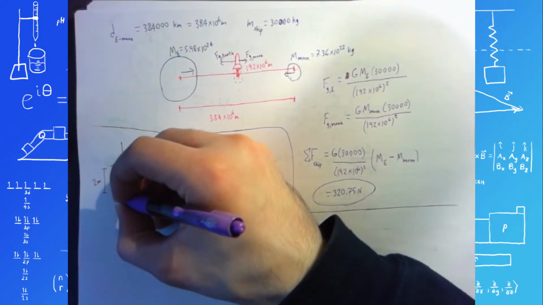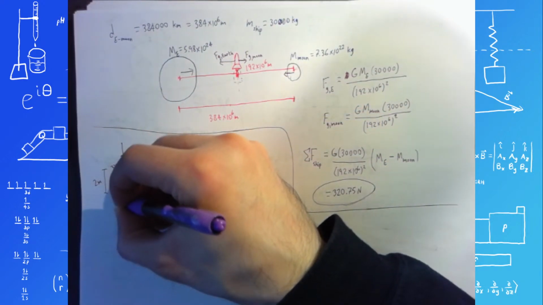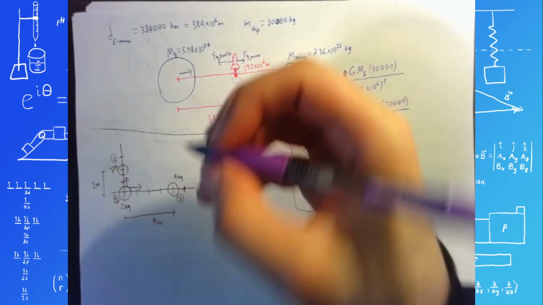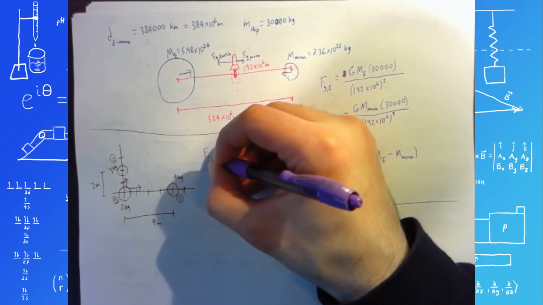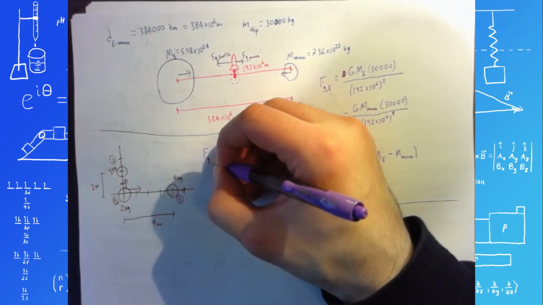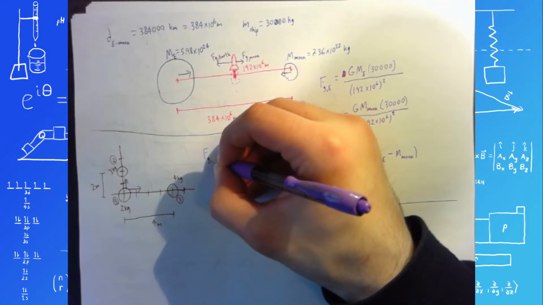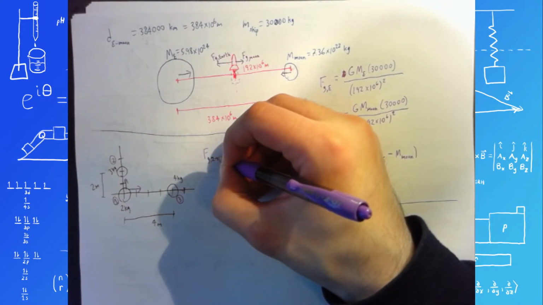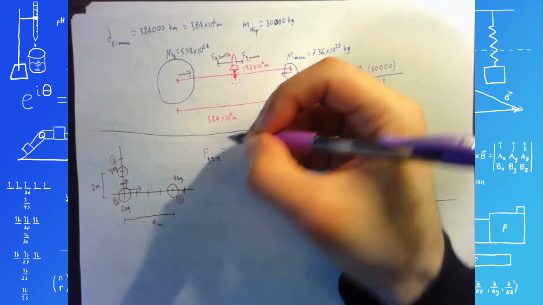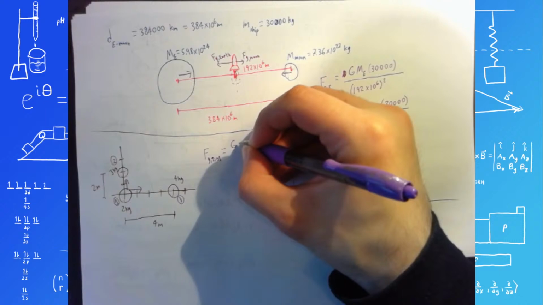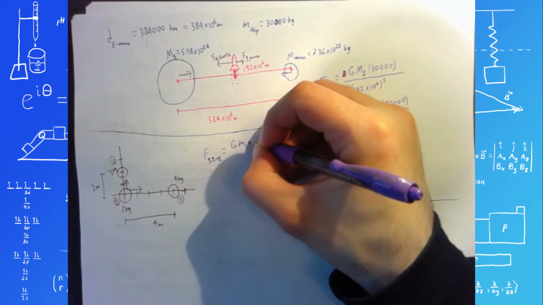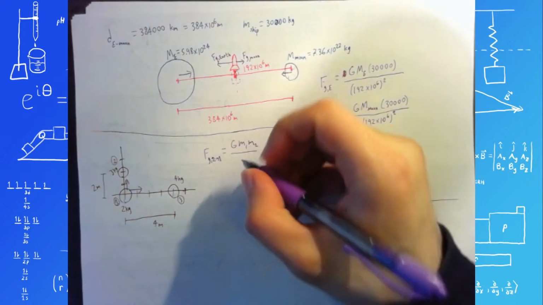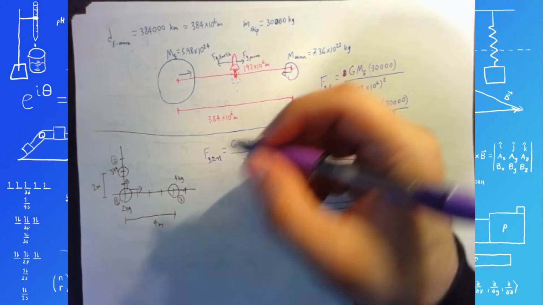So I'm going to label them objects 1, 2, and 3. And I'm going to say force of gravity of object 2 on 1 is equal to big G M1 M2 over the distance between them would be 2 meters, so over 2 squared.